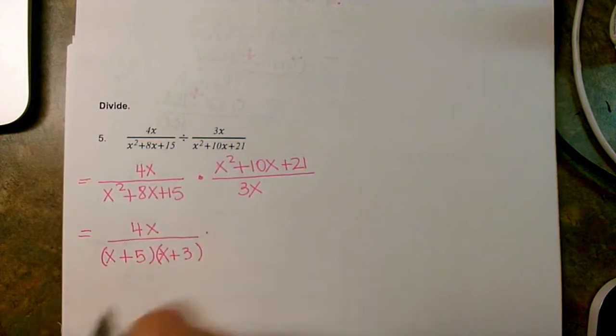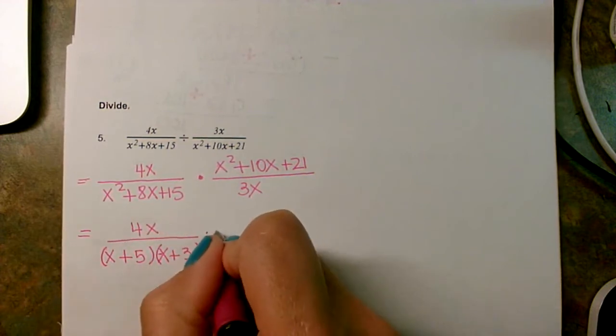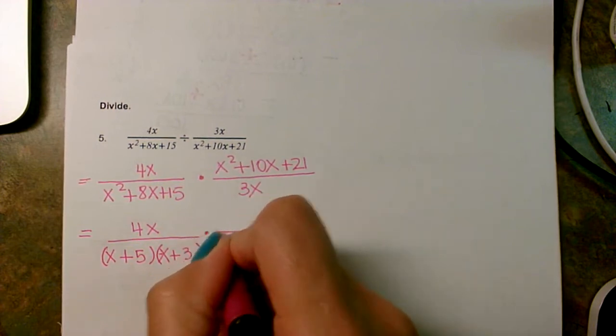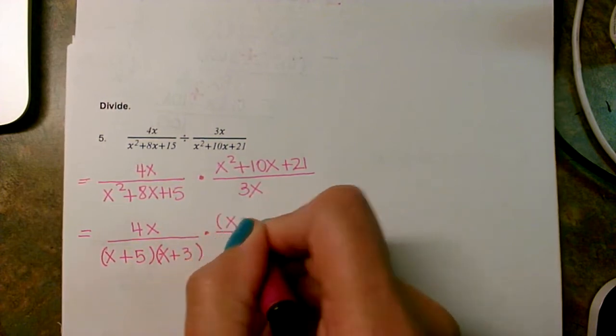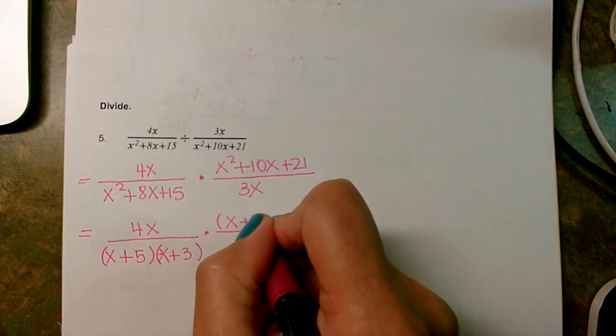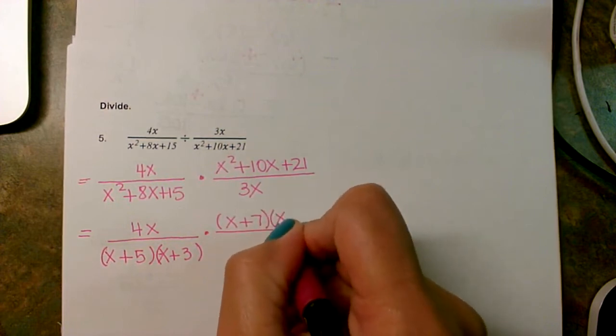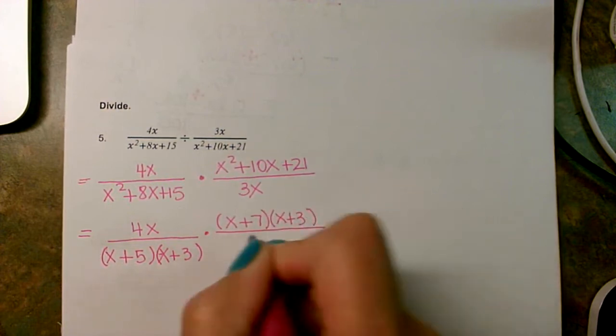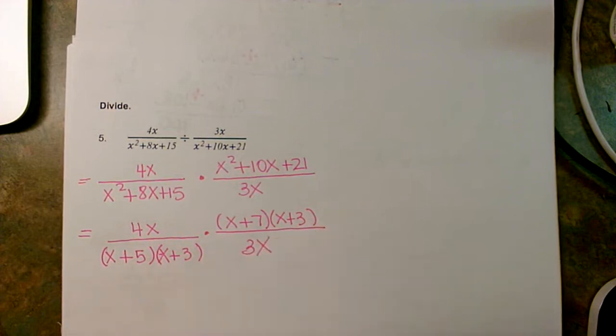That would be 5 and 3. And it would be 7 and 3. There we go.